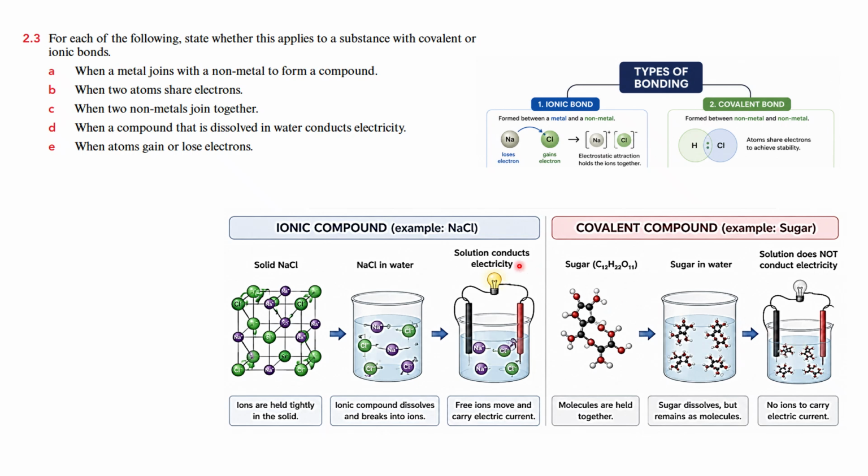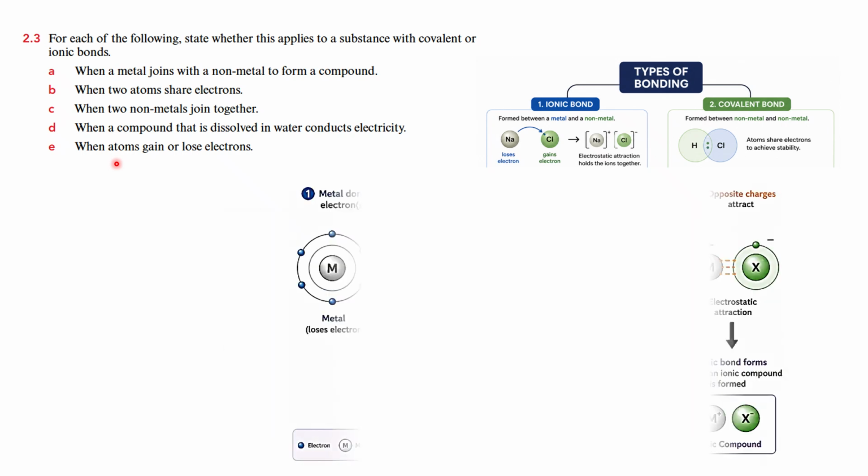So this means if a compound is conducting electricity when it is dissolved in water, then surely that particular compound is ionic. I think you have understood this concept through this example. So here the answer for this particular question will be ionic bonding.